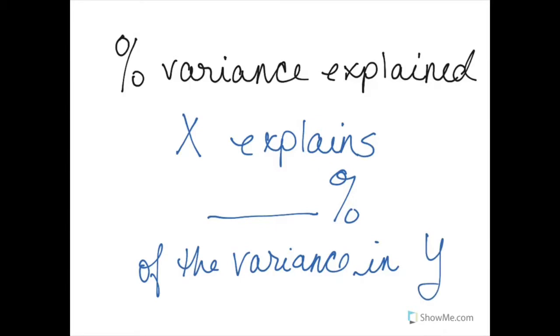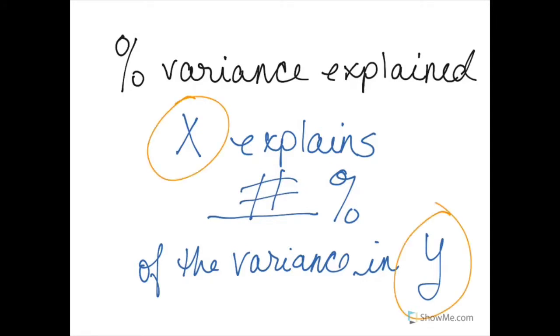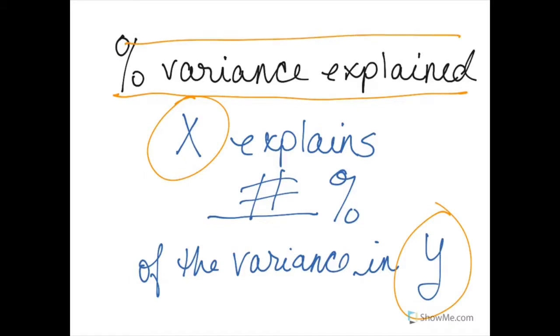All you have to do is find the number and fill that in, and then replace these with the actual names of your variables. So I would replace X and say how often a student goes to church explains blank percent of the variance in how much they drink. And you can do that with any of them. So that's the second kind of interpretation that you can make with a PRE measure.